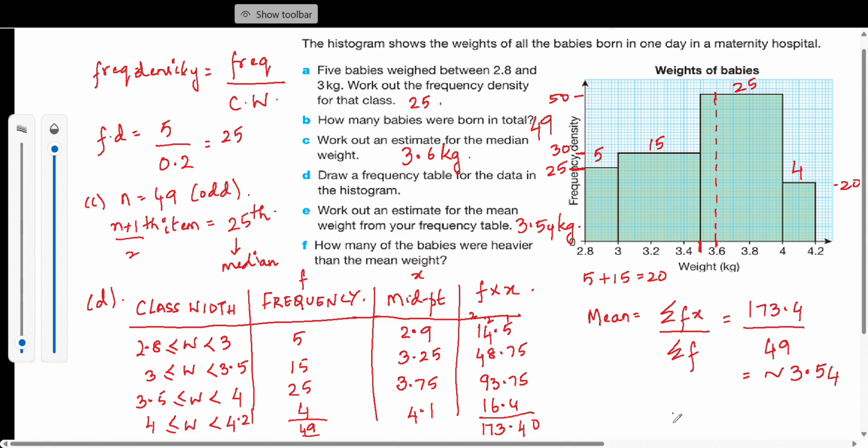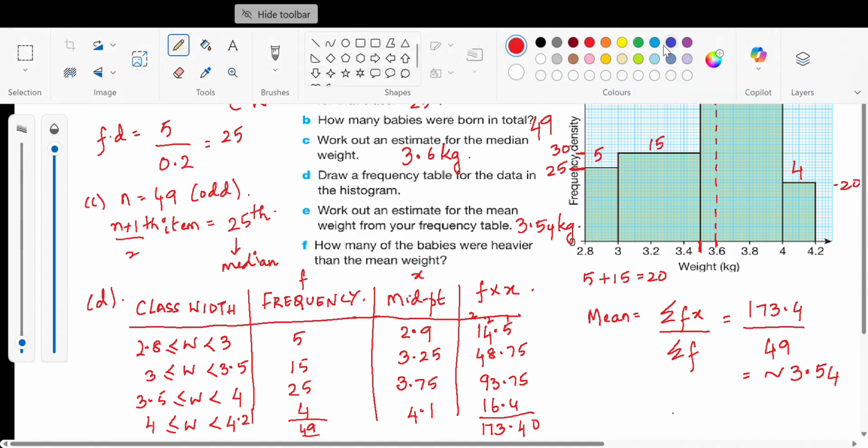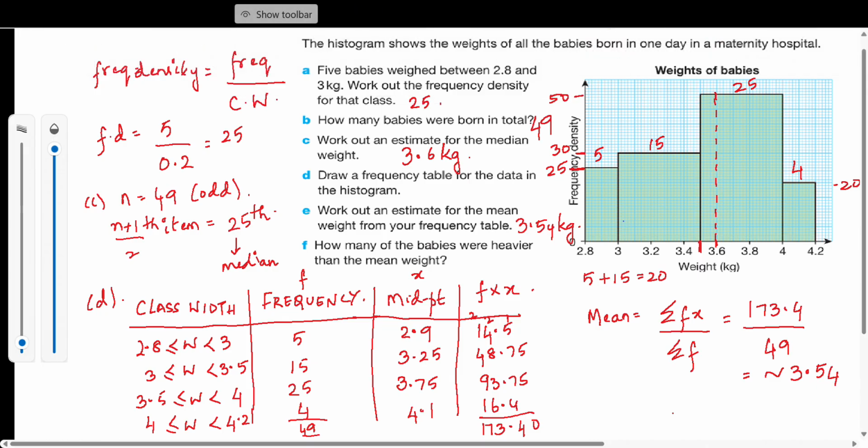Now last part. How many babies were heavier than the mean weight? Now this literally means we have to locate 3.54 here on the histogram, and then from then onwards get the total. We see that the height of this third bar is again 50. This is 3.5.